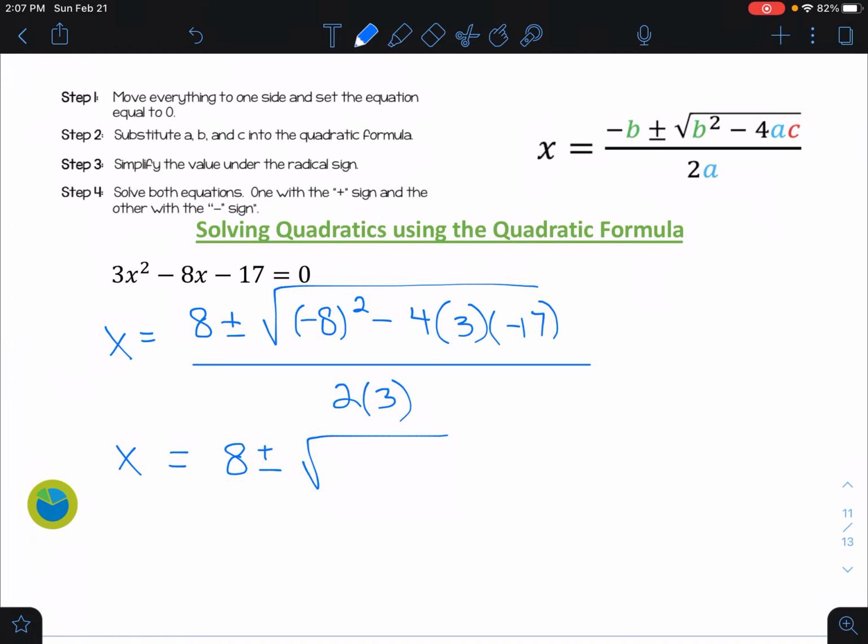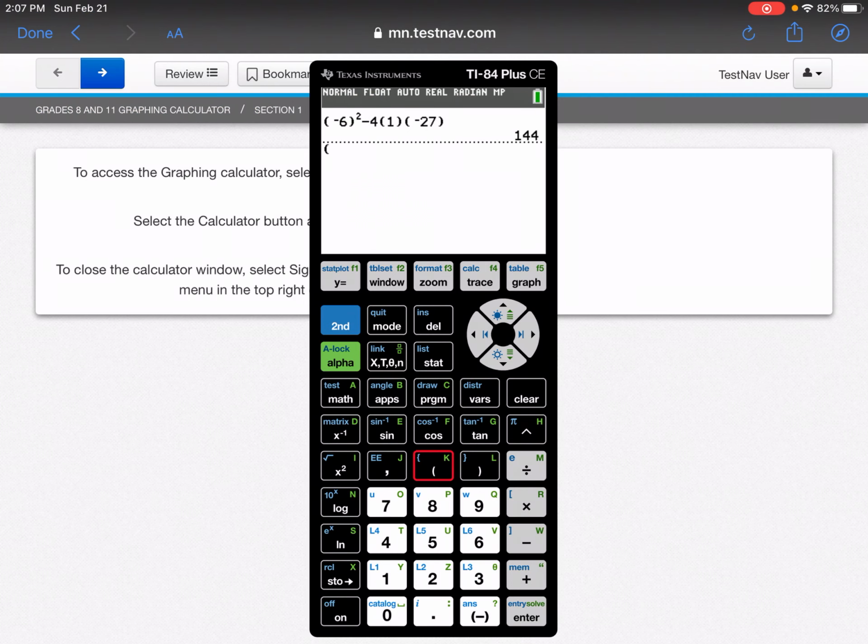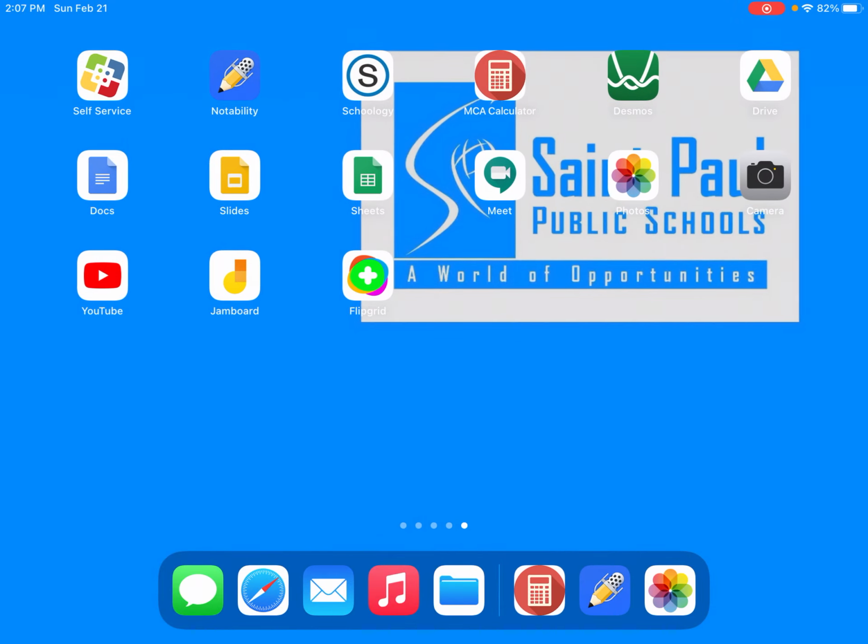So let's type that into our calculator. We have negative 8 squared minus 4 times 3 times negative 17. Ooh, I get 268. Okay.